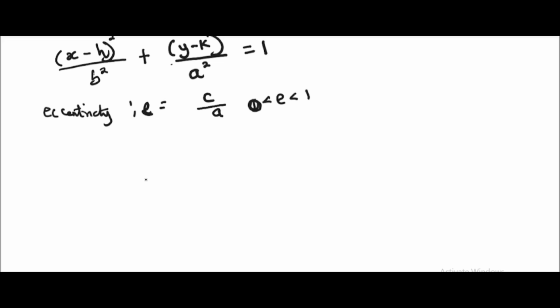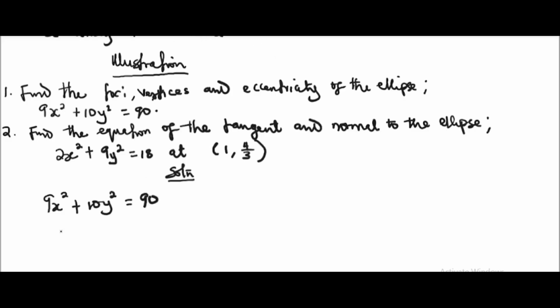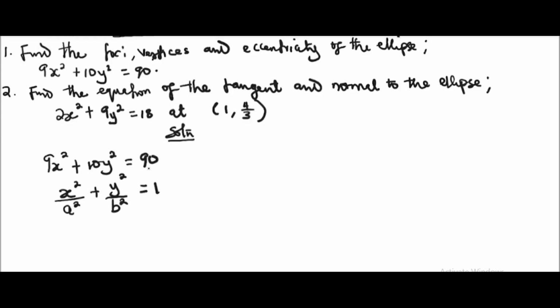Okay, so let's quickly look at one or two examples. Under this example, we'll look at the equation of tangent and normal as it relates to everything you need to know about the ellipse. Let's go. To make this equation be in the standard form, x squared over a squared plus y squared over b squared is equal to 1, we have to make the constant 1.